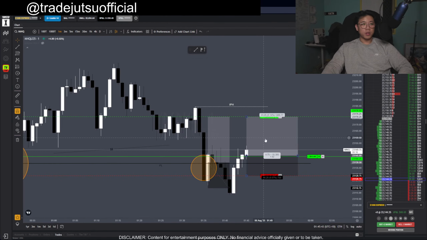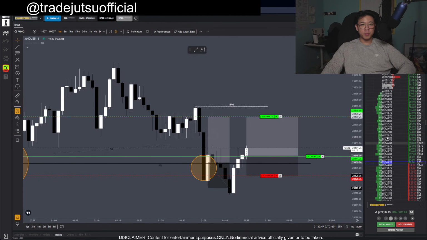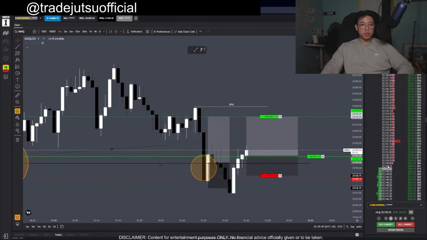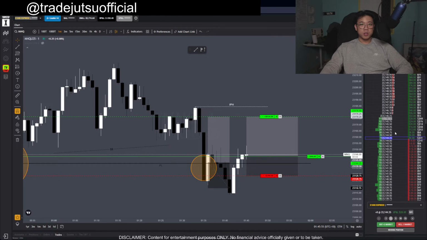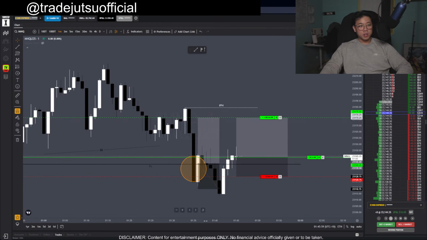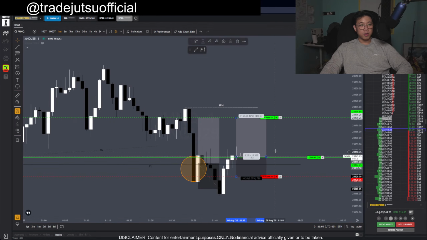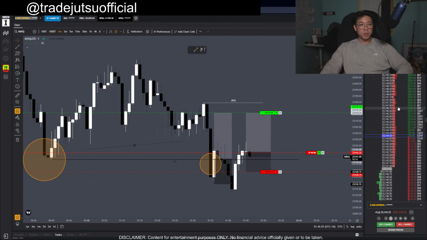Alright, chat, we are looking at a massive flip of volume, a ton of orders on the buying side, a lot of sellers have evacuated, so it'll be interesting to see how this fares out, but it looks like buyers are starting to take the lead right now. Man, it is really choppy.